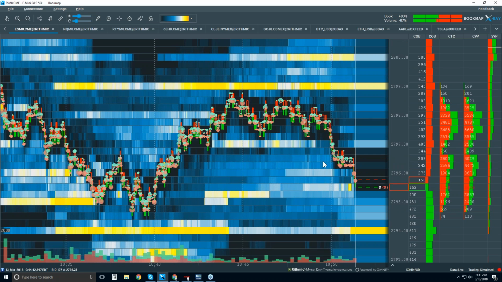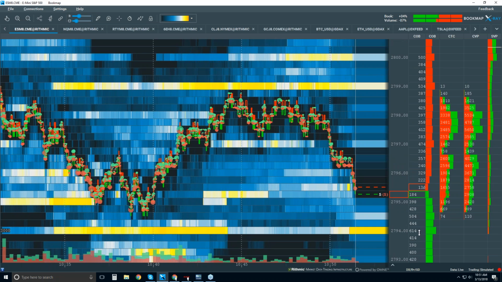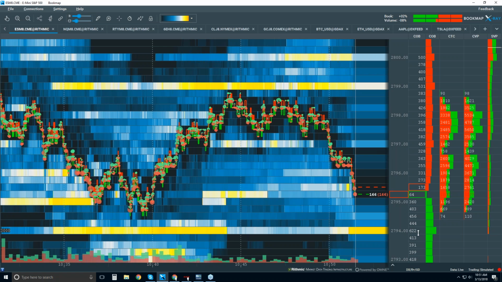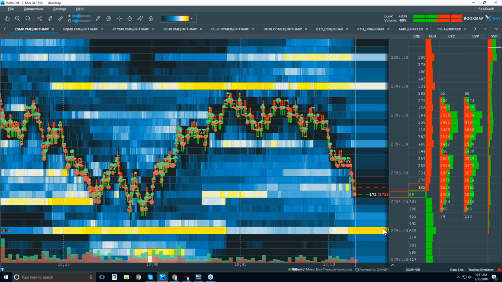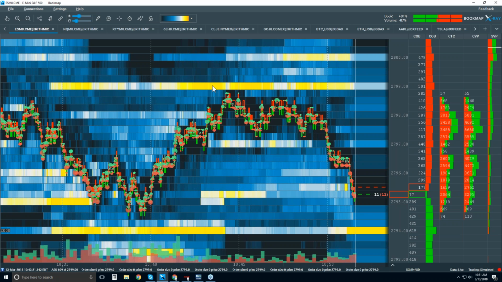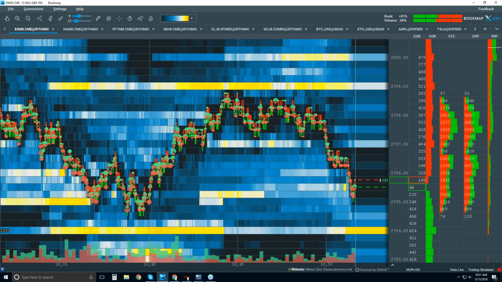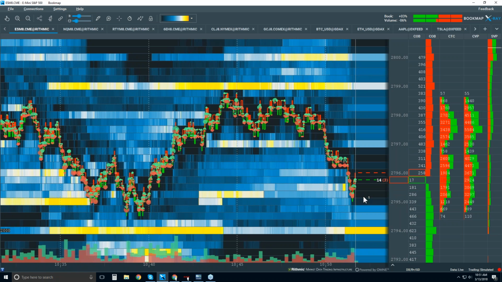Okay, so you can see that it's not the highest in the book down here. The highest in the current book is down here, the 614 or 22. But there's other areas in here that are higher. They're a little bit more orange in some of these areas here. Okay, so that's what we're looking at in the heat map.